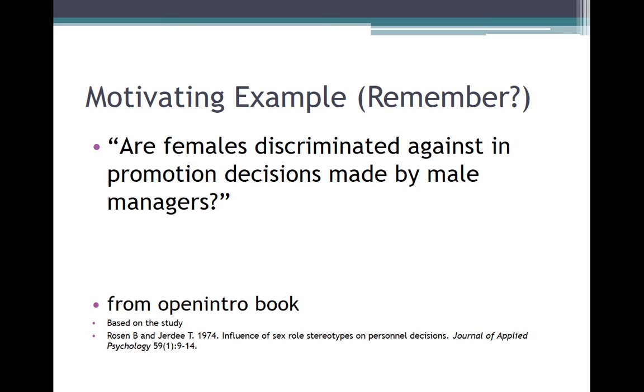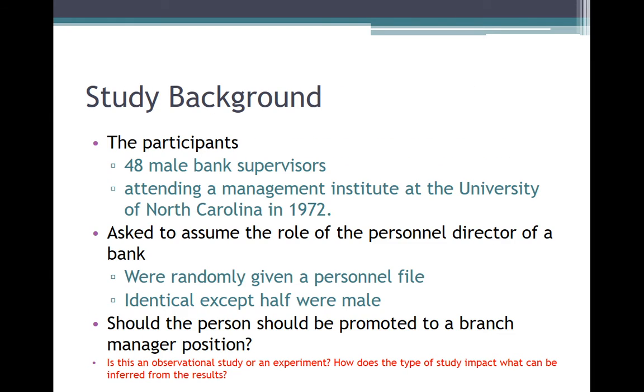Okay, so back when we had lab 3, are females discriminated against in promotion decisions made by male managers? And you looked at this chart here. Well, not yet to the chart. But remember, there are 48 male participants. They were given random personnel files. They were identical except for the names.